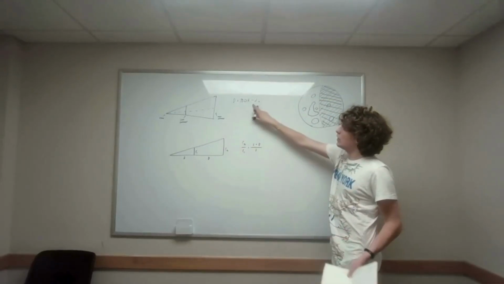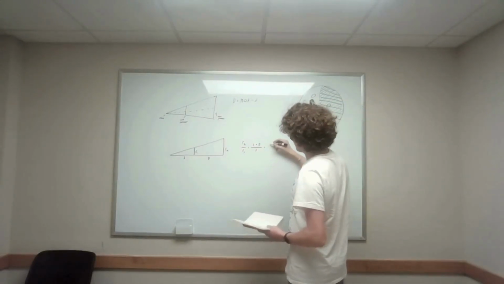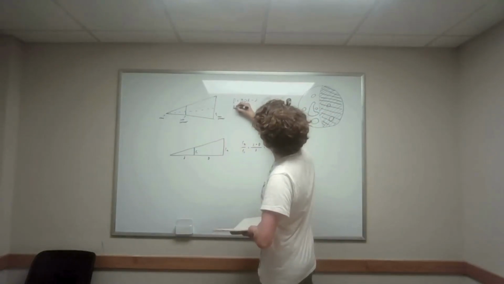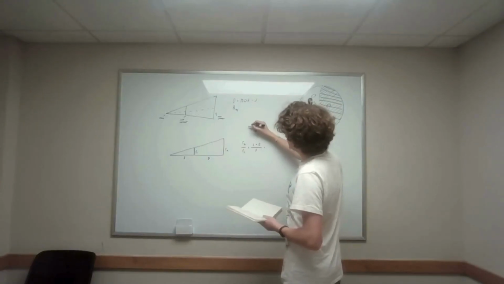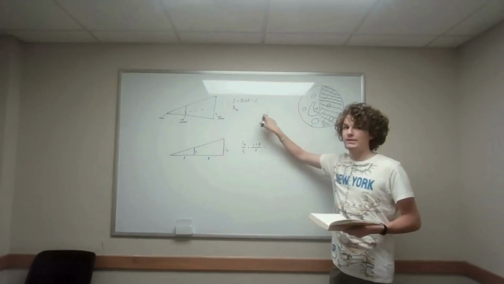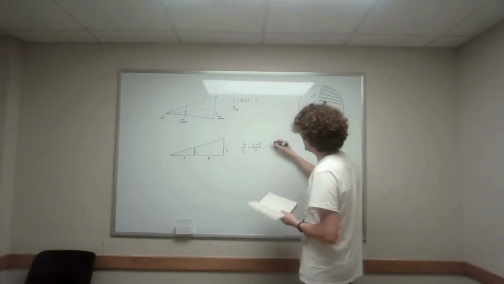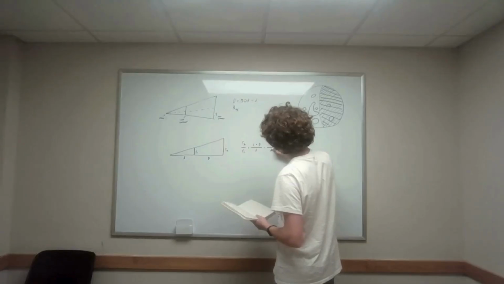And since we already called big D the moon's orbital radius minus little d, we're going to sub that in, and let's call the moon's orbital radius big RM. So then big D plus little d would be little d plus moon's orbital radius minus little d, so just the moon's orbital radius, because those cancel out. So then big RM divided by little d.